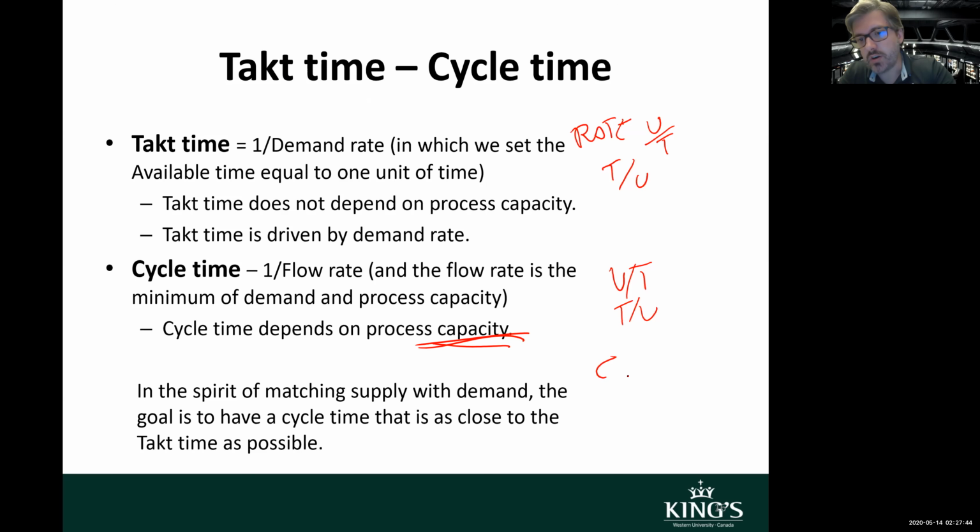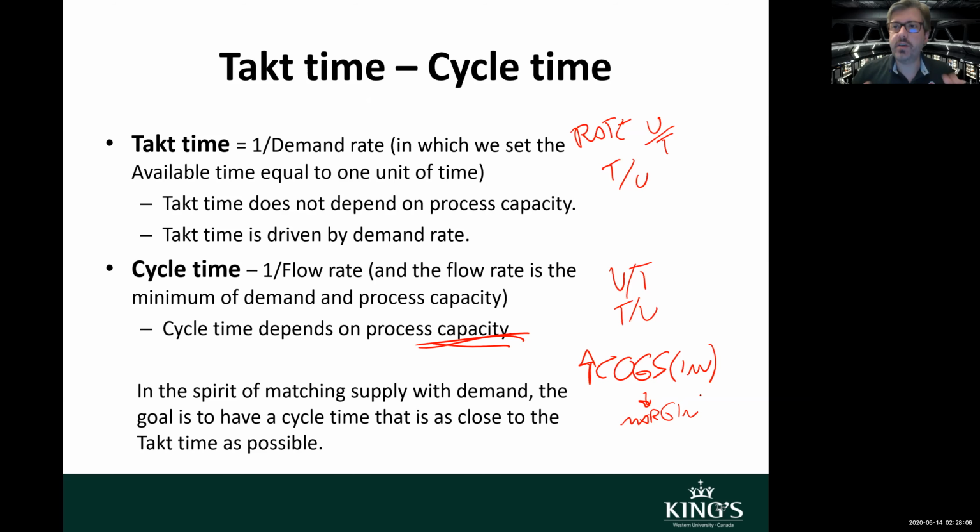This is COGS, inventory. So if you run your operation at your full capacity, you are increasing COGS and therefore decreasing your margin. So you shouldn't be running at full steam.